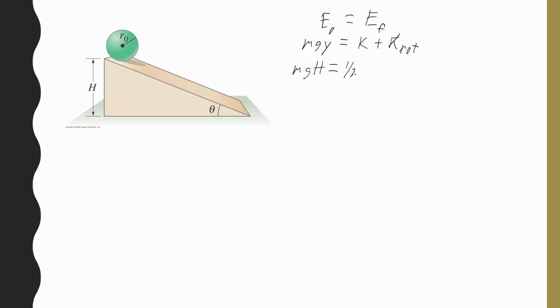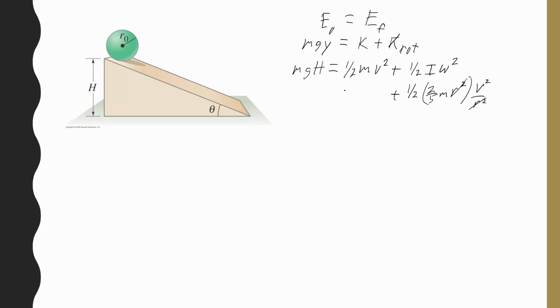Linear kinetic energy is 1/2 mv squared. Rotational kinetic energy is 1/2 I omega squared. This I here is going to be 2/5 mr squared, and then omega squared, we can write that as v squared over r squared.